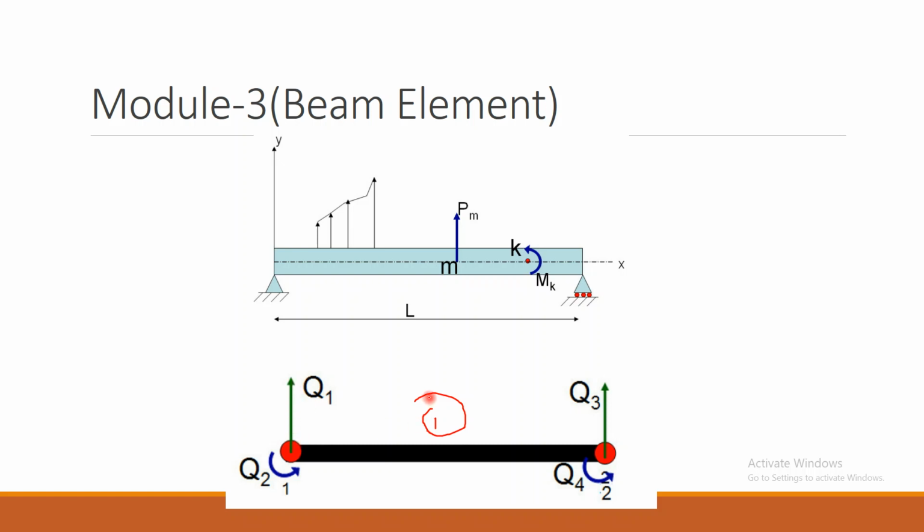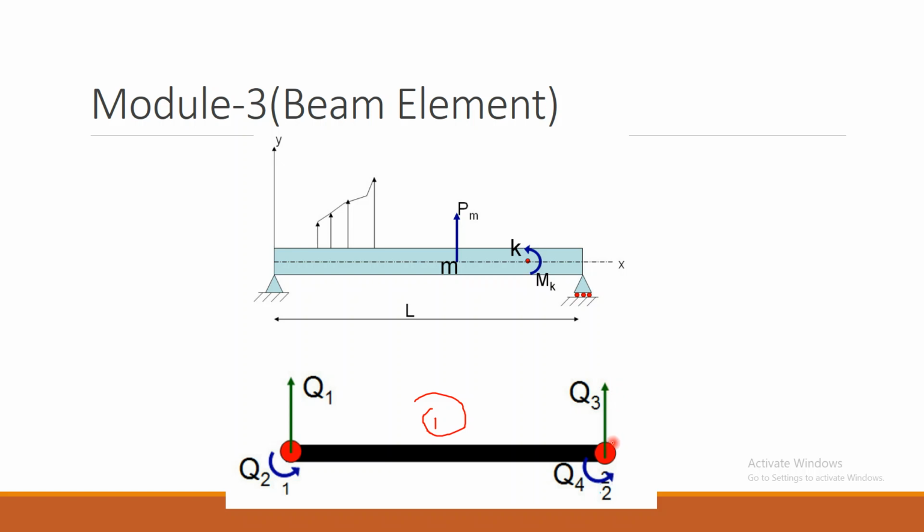Let's take the linear displacement in the positive direction. Since it is an initial consideration, let's take all the quantities in the positive direction. The displacement in the positive direction we call q1, and the angular displacement q2. Coming to node 2, we have two displacements.